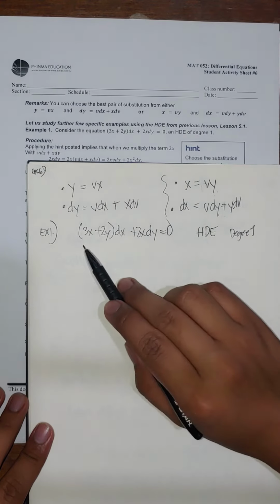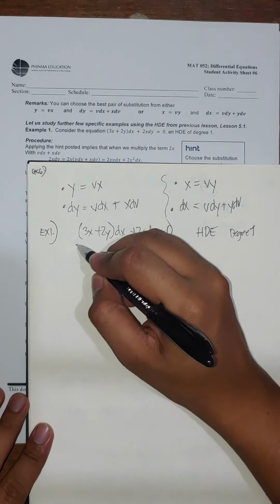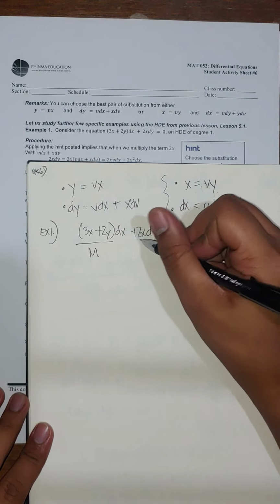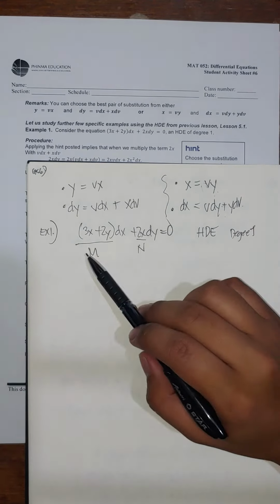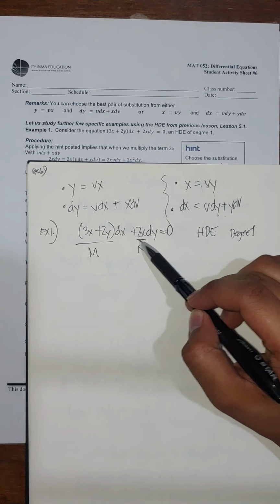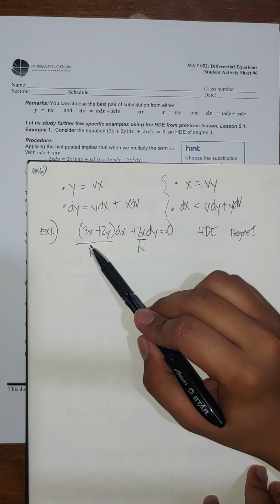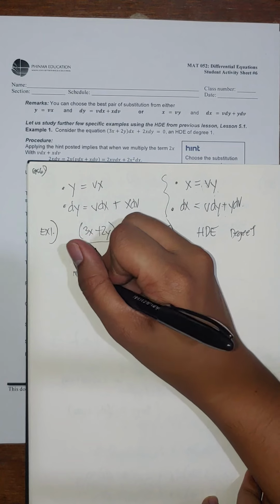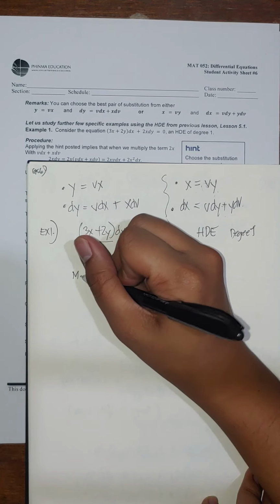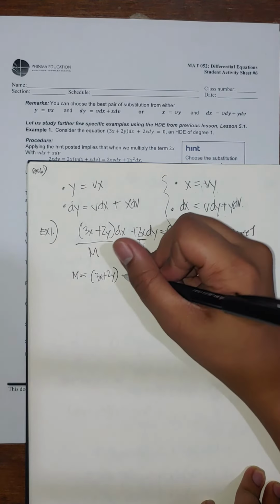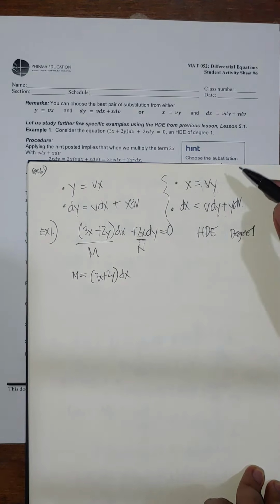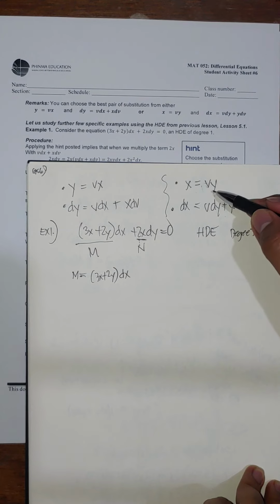So, ato na lang tan-awon, no, ang given. So, if you remember, di ba, this is m, and then this is n. Ato ang itry. So, let's say dire sa m, let's say atong gigamit is x is equal to vy.